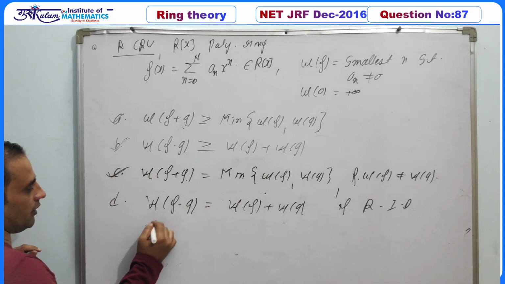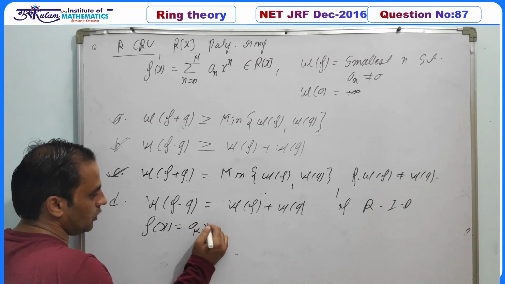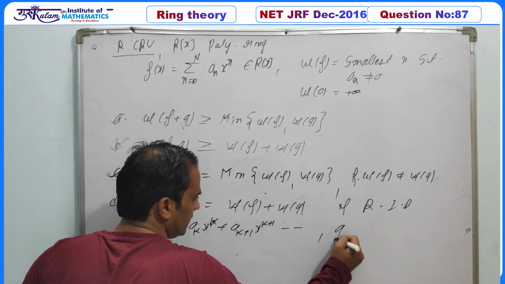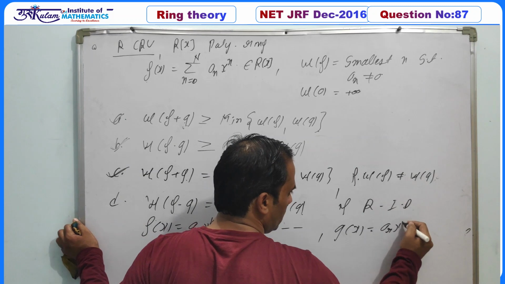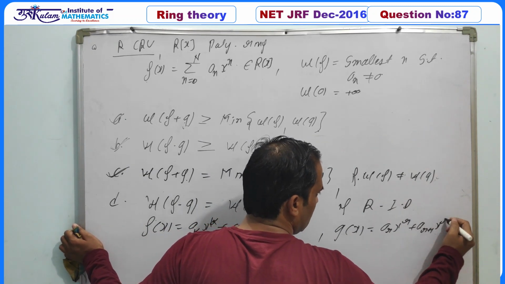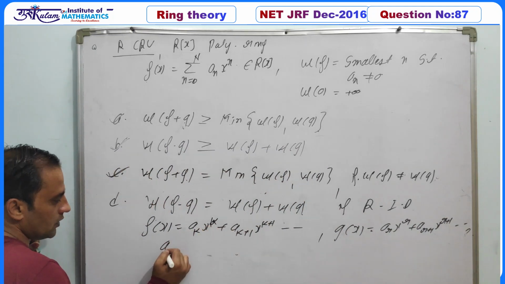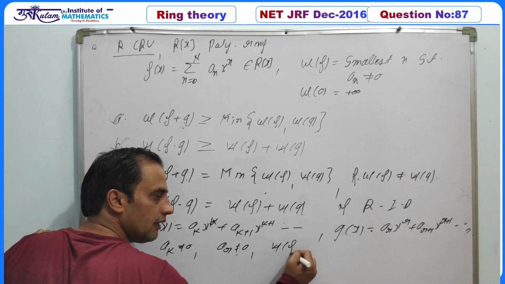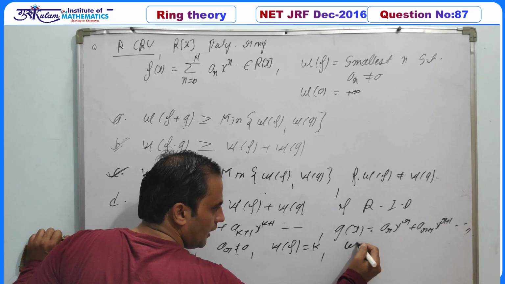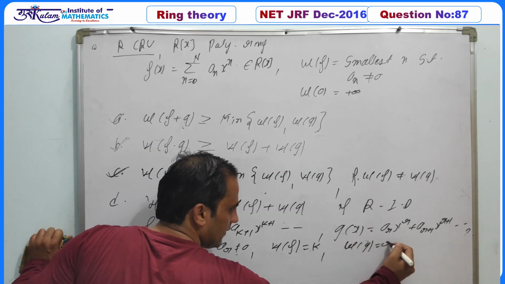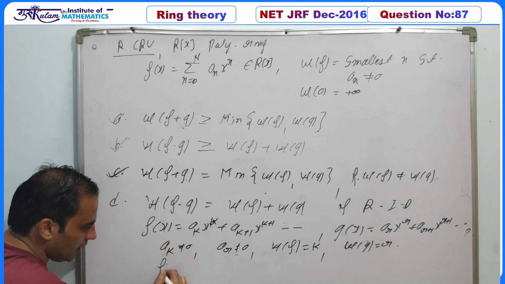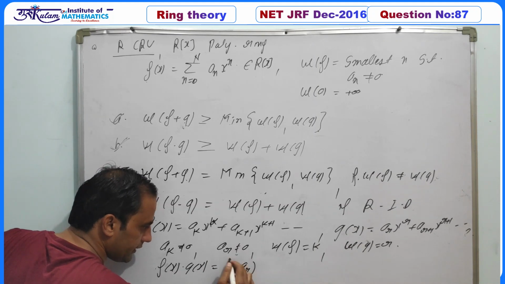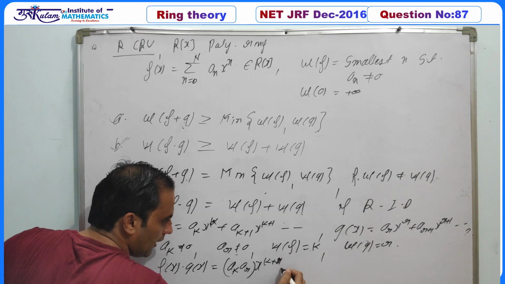So simply if we take f(x) equal to a_k x^k plus a_{k+1} x^{k+1} and so on, and g(x) equal to a_r x^r plus a_{r+1} x^{r+1} and so on, assuming that a_k is non-zero and a_r is also non-zero, that is W(f) is k and W(g) is r, then obviously f(x) times g(x) is equal to a_k a_r x^{k+r} plus something.